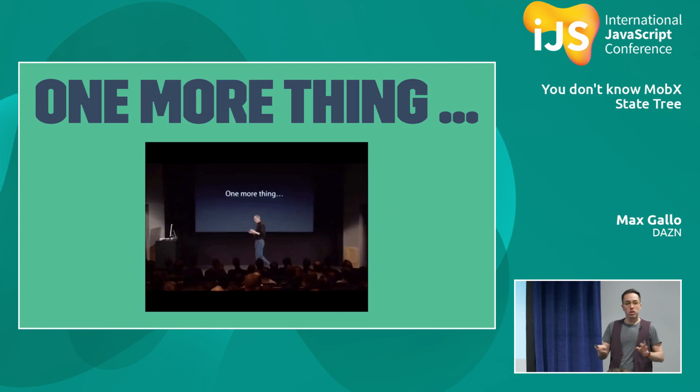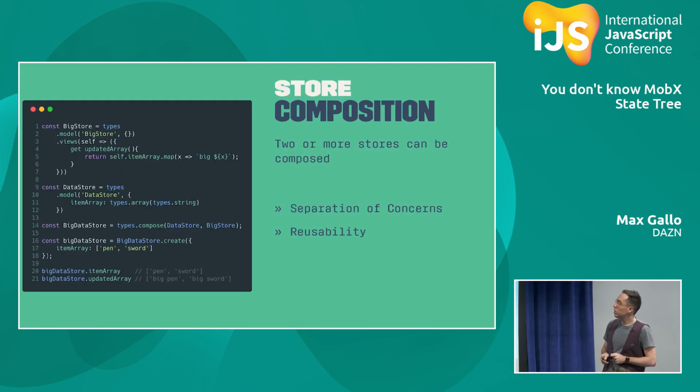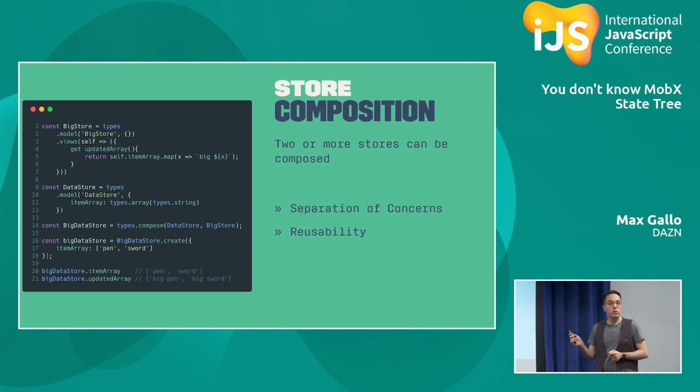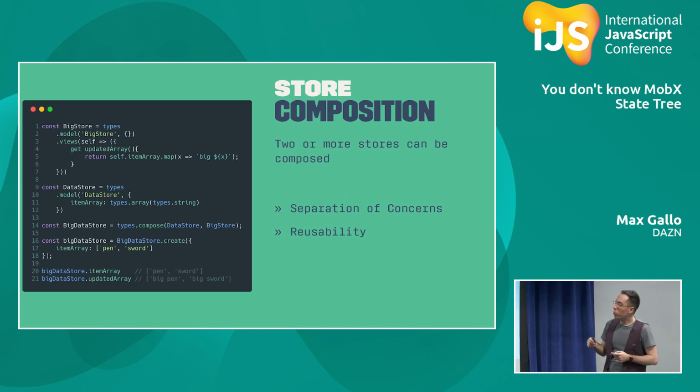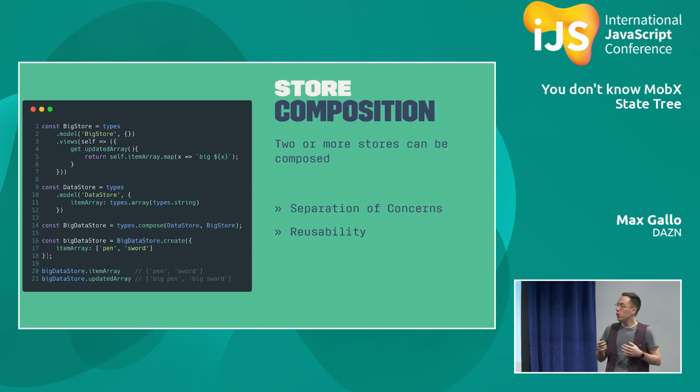One more thing, promise. We're going to the last few slides, a couple actually. Store composition. I briefly mentioned that, but I want to spend a few more slides on this, because this is really powerful. Store composition is where we have two stores that achieve two different functionalities, and composed together they could lead to a third store.